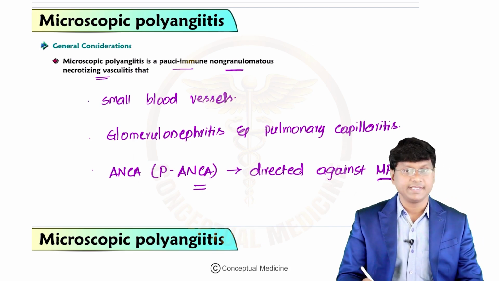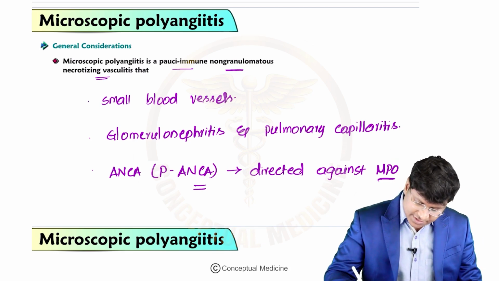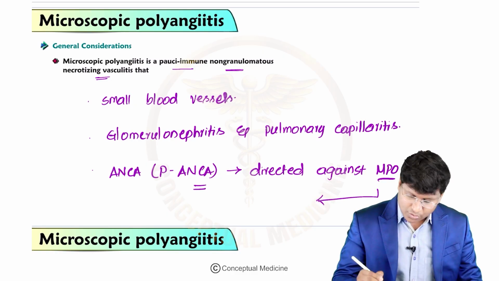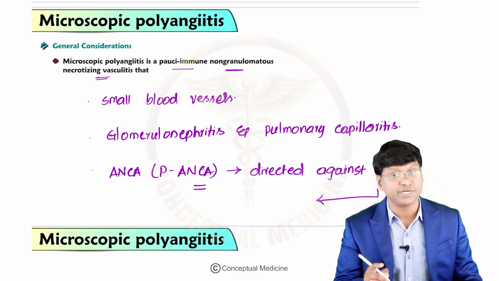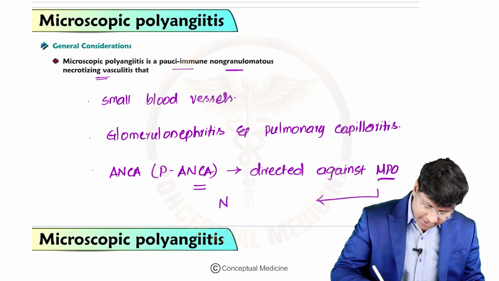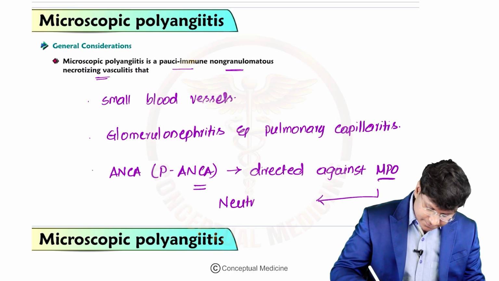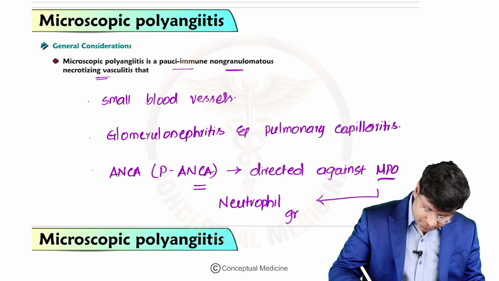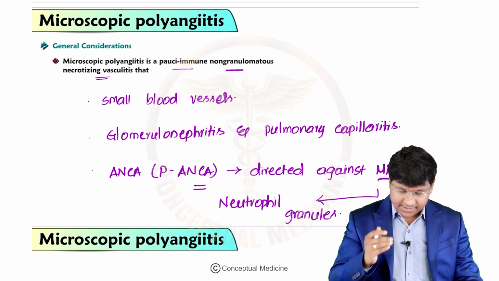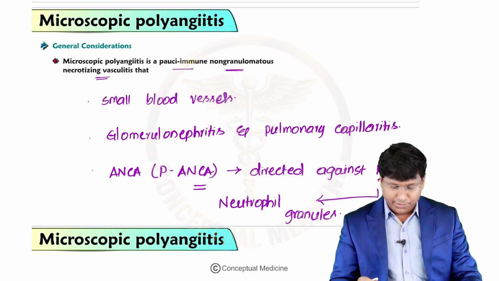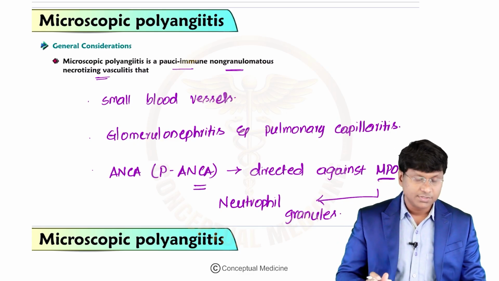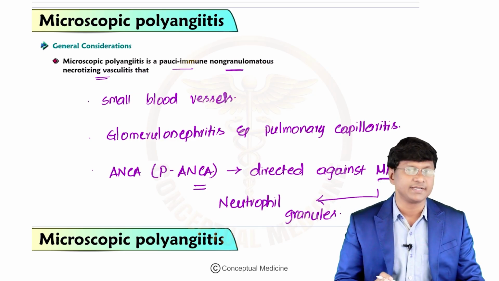Myeloperoxidase is a constituent of the neutrophil granules. So that is the basic introduction to microscopic polyangiitis.